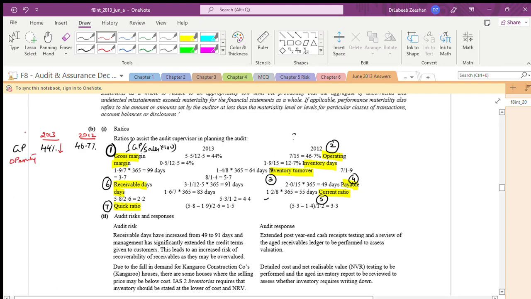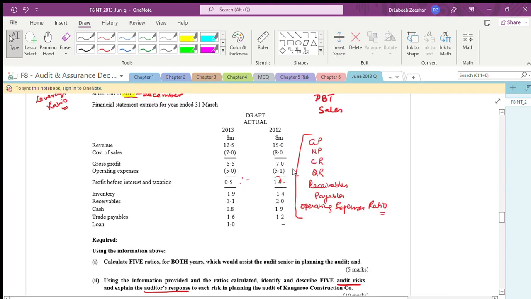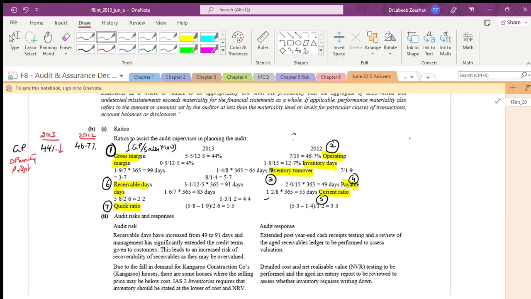Operating profit margin is nothing but profit before interest and tax divided by sales into 100. Okay, sales into 100. Fine.